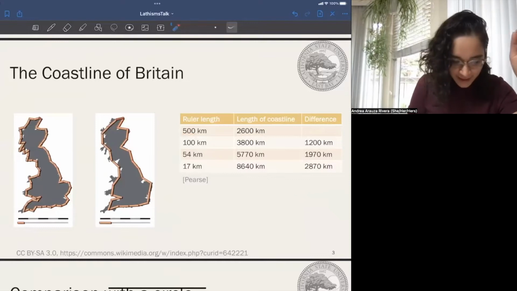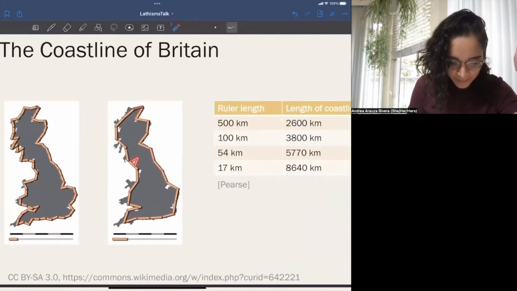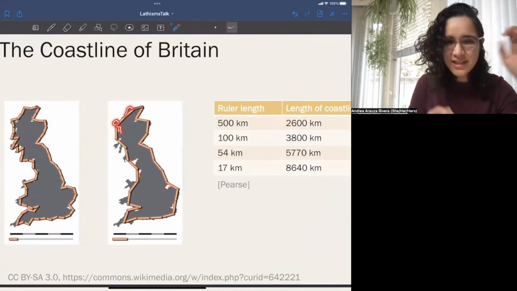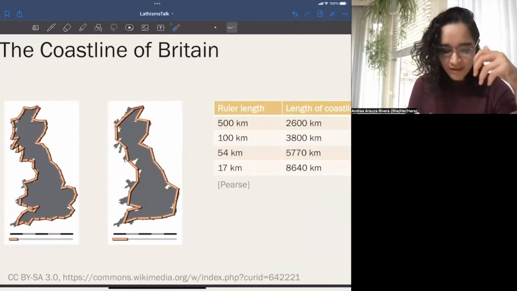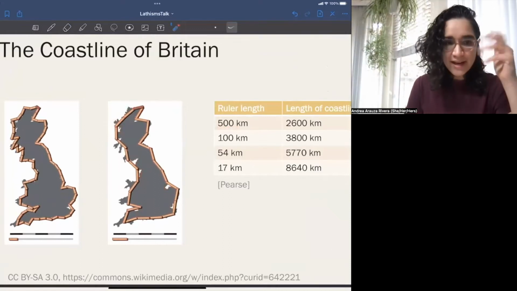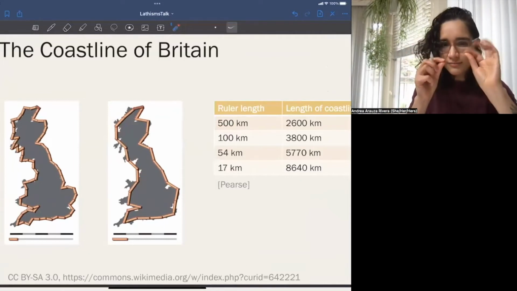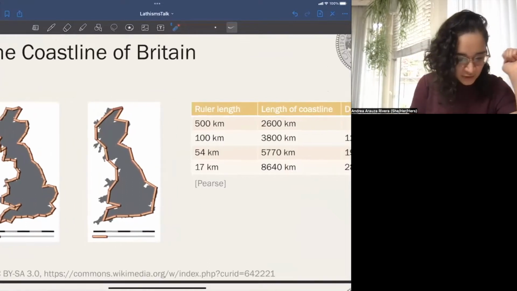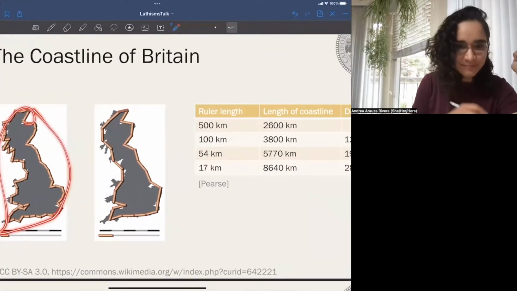One thing you can tell here is that I'm missing these little pieces. There are some intricacies, some pieces of the coast that I can't quite get to with a ruler of this size. So I can get a better approximation if I use a smaller ruler, something a little shorter. Maybe I do something like this here.